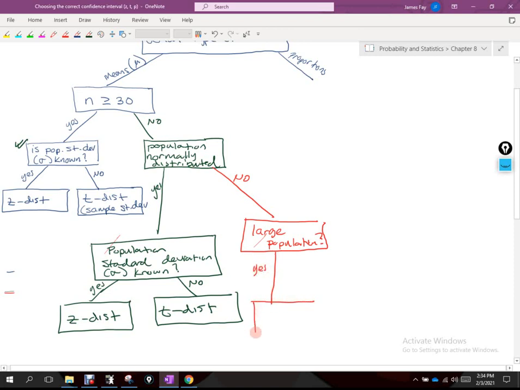Okay, so if it was large, what we would use is a binomial distribution. Okay, and we'll talk eventually about what a binomial distribution, in regards to a binomial test and all that kind of stuff, deals with. But that links back to what we talked about previously.